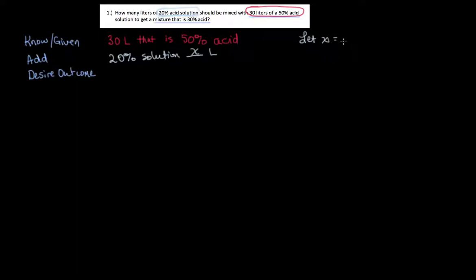Let x equal the number of liters of acid solution. And our desired outcome is to get so many liters, and I'm going to change colors real quick, so many liters of 30% acid.